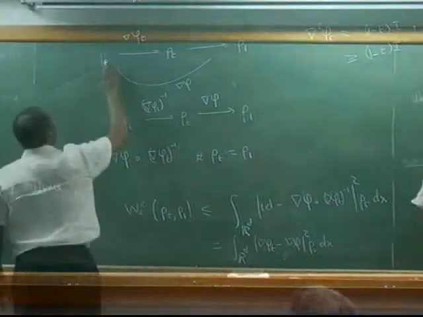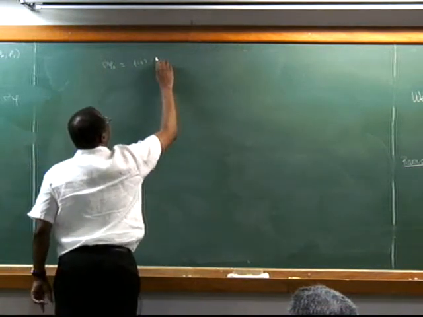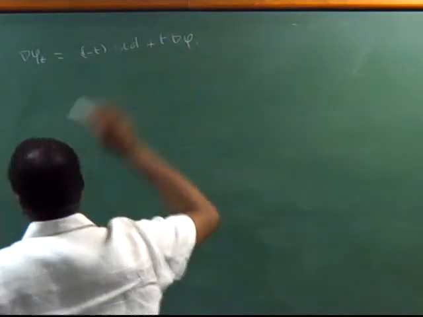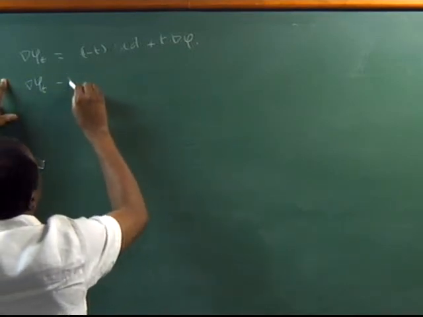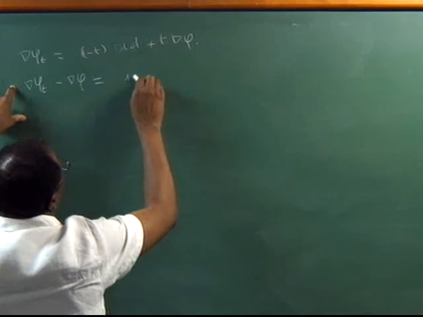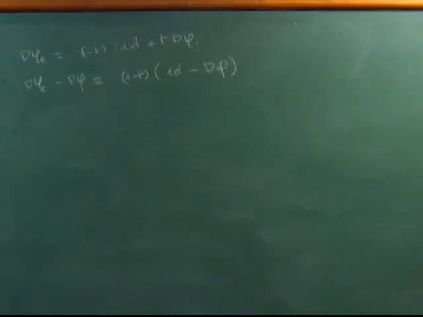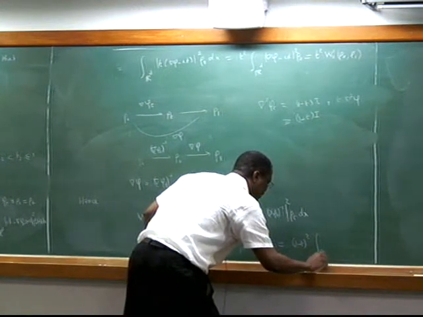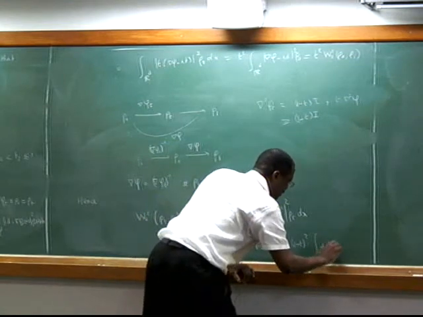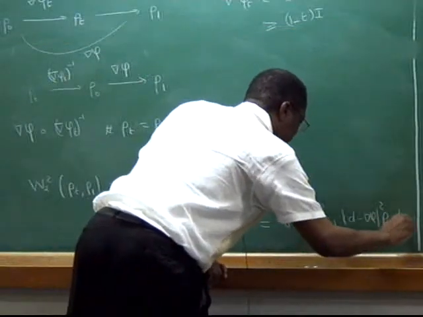Recall that the gradient of phi t is (1 minus t) times the identity plus t times the gradient of phi. And so the gradient of phi t minus the gradient of phi is (1 minus t) times (identity minus the gradient of phi). So I am going to substitute this here to get that this is (1 minus t) squared times the integral over Rd of |identity minus the gradient of phi| squared rho naught dx.